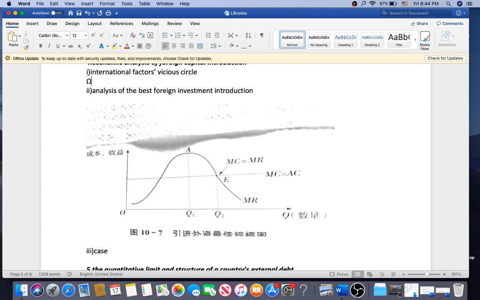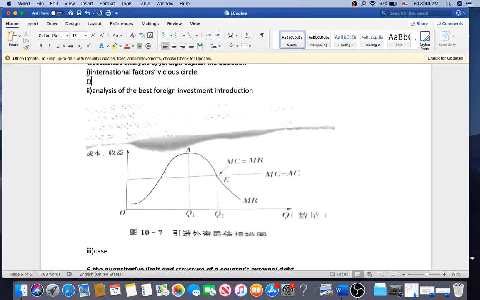So at a point on the left of point A, the marginal revenue is greater than the marginal cost, which has a higher return rate. That means the society has abundant resources.